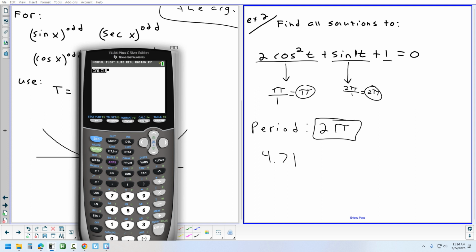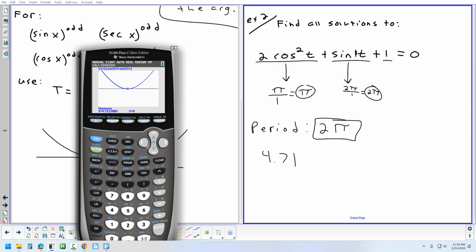Now, let me calculate the minimum and just see what that comes out to. It's exactly the same. So I know it does not go any lower than 0. If it doesn't go lower than 0, then it does not cross and come back. Right? It just touches it and bounces off.